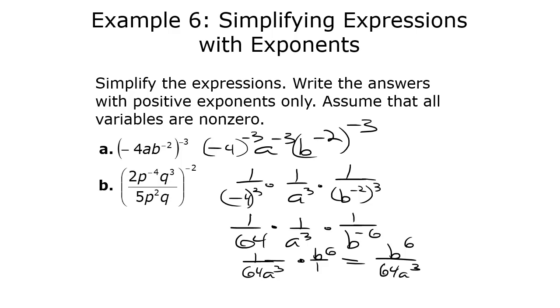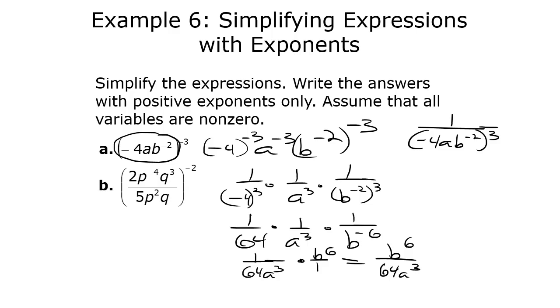Now, it might be a lot easier to think of this as just one big old blob, right? Because it's all stuck in parentheses, so it's one big old blob. So we could have just said, how about 1 over negative 4 ab to the negative 2 cubed, right?